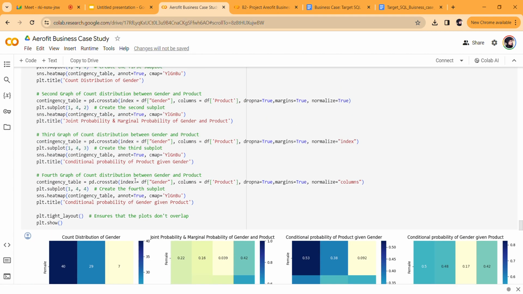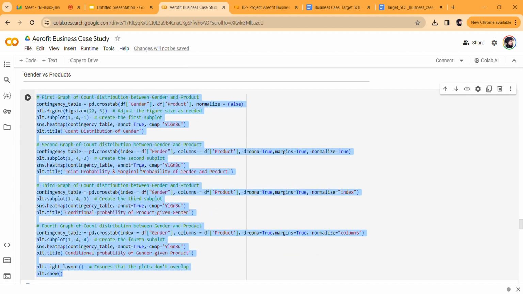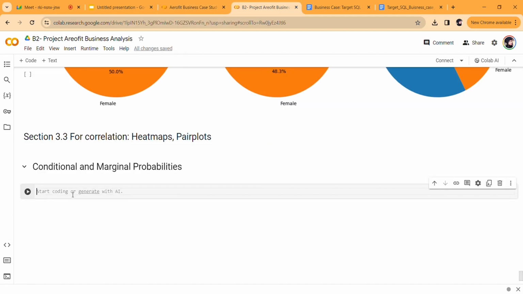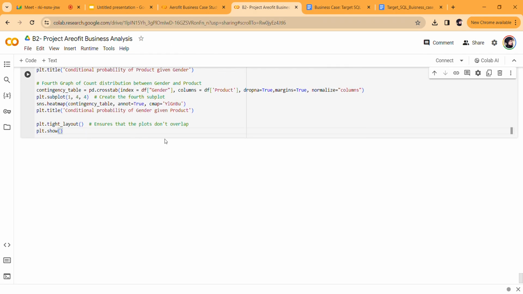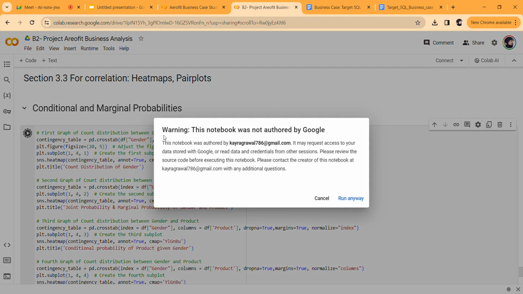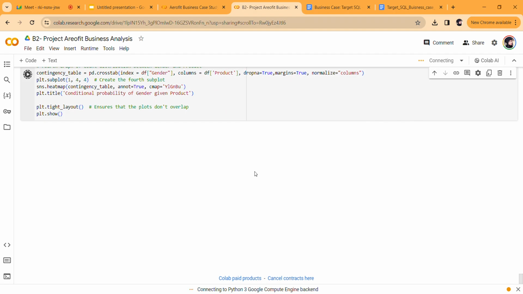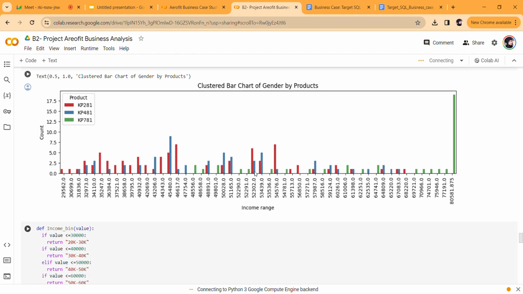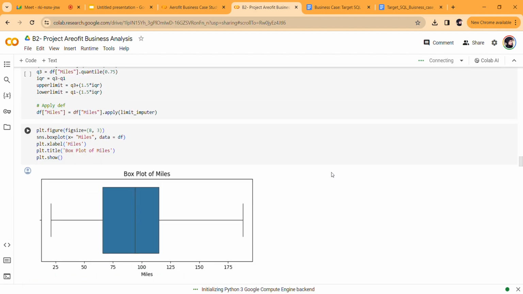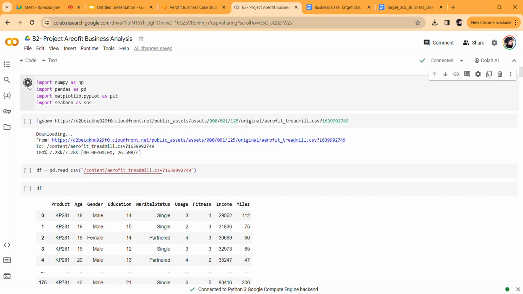There are different blocks in this code, and every single block is used for creating every single graph that is created here. Let me run it.